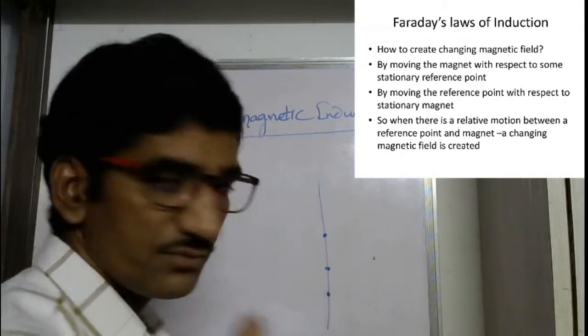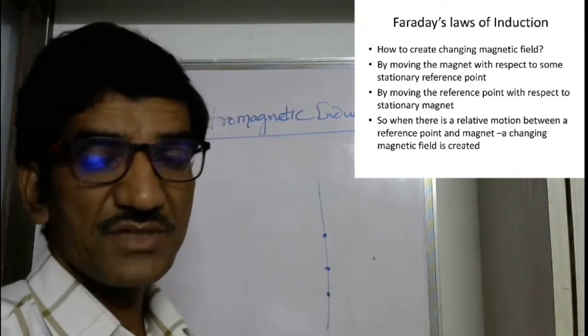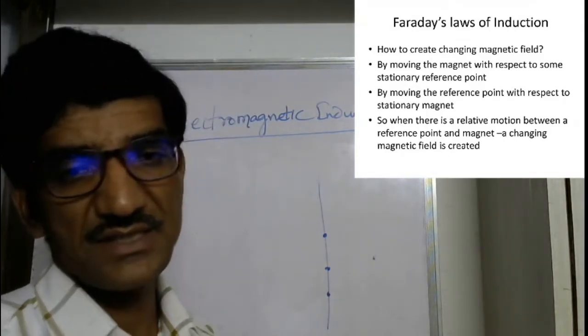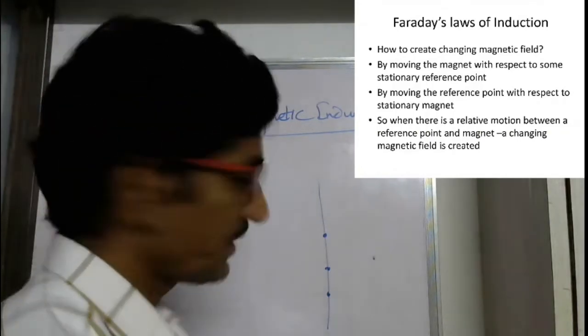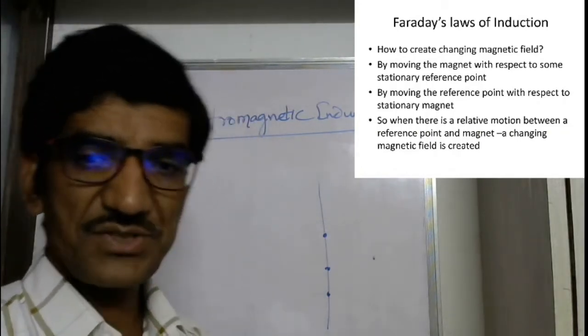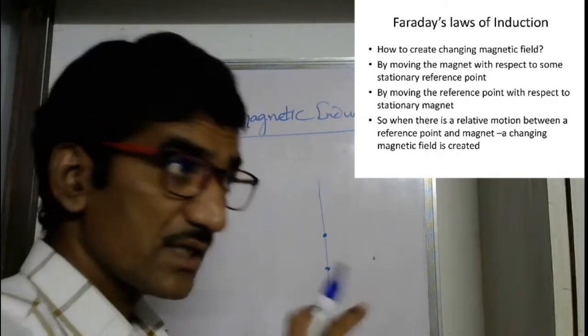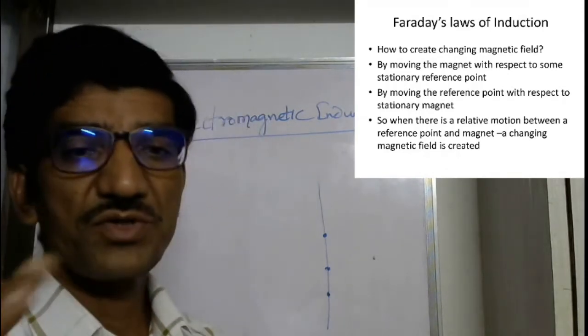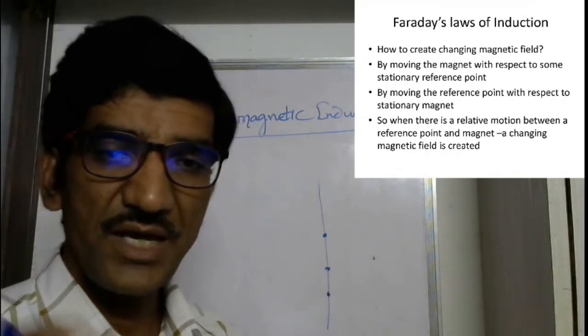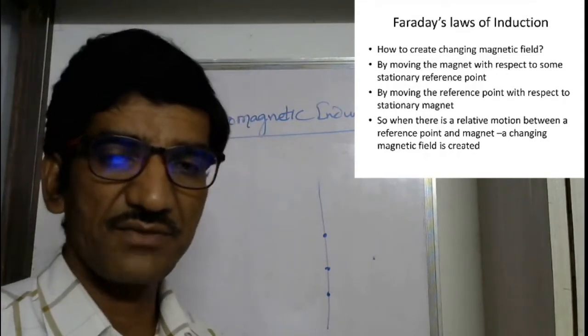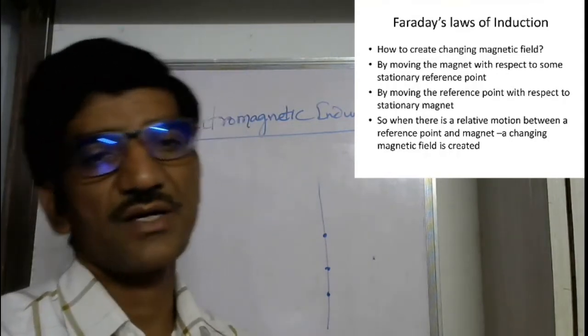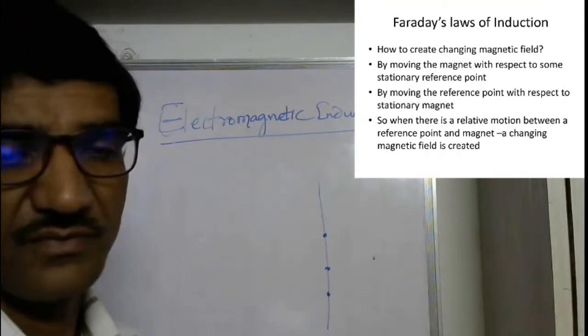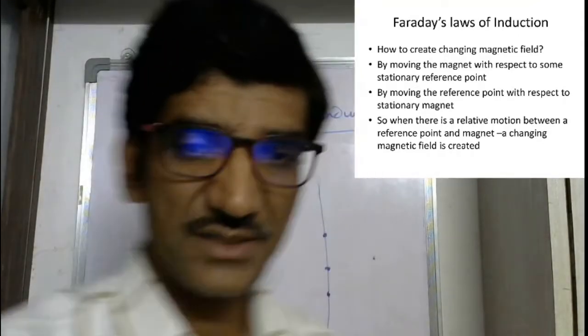That's why you have magnetic force acting on a conductor placed in an external magnetic field. Here also, whenever there is no motion of the charge, you do not have any induced magnetic field. That's why you do not have any magnetic force acting on it.